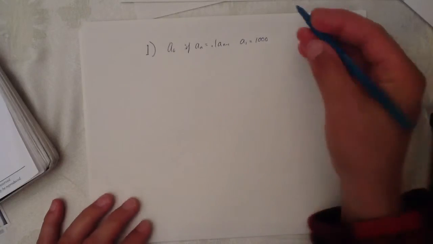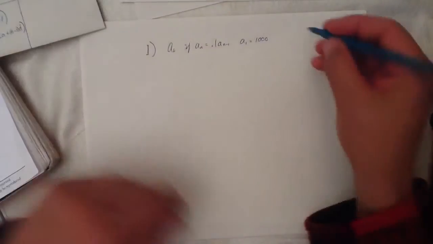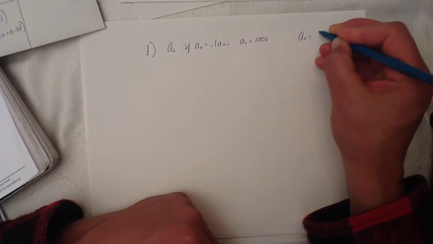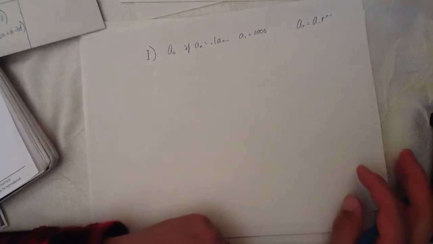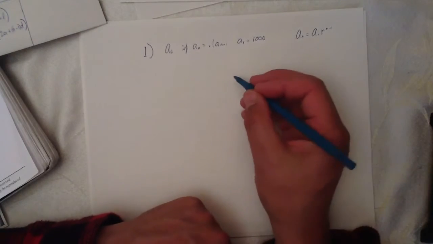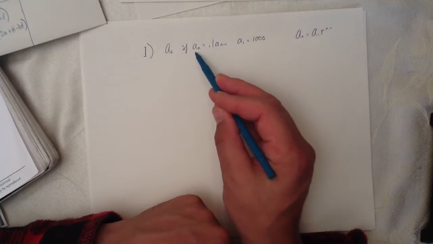Okay, so it's got to be this formula because that's the only thing they're giving us. So let's just write that down there. A n equals A1 times R to the n minus 1. So, this is handy. That's very handy.